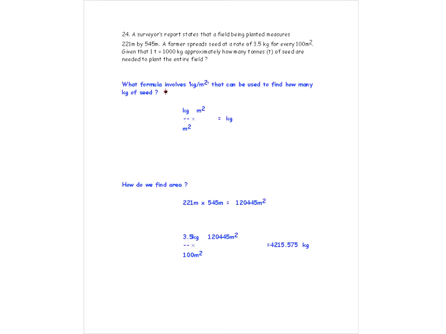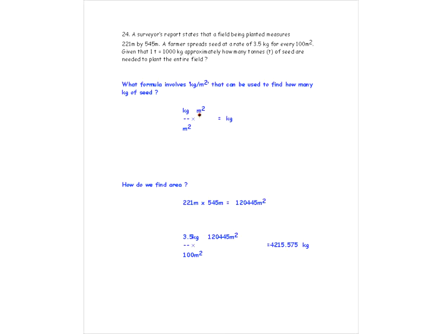So then, we said, what formula do we need to find kilograms? We know we have kilograms per meter squared. We created that using this info. And then if we multiply them by meters squared, they cancel out and we're left with kilograms, which we want to find, or at least we want to find tons, right? So now how do we find area? Again, we multiply these two things.